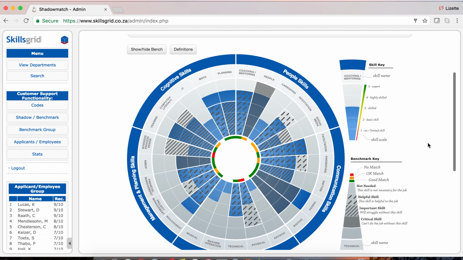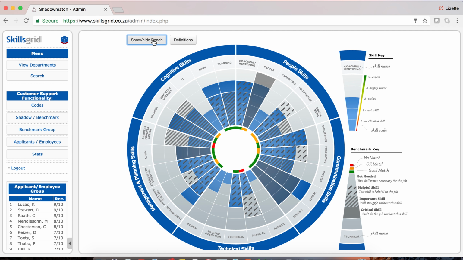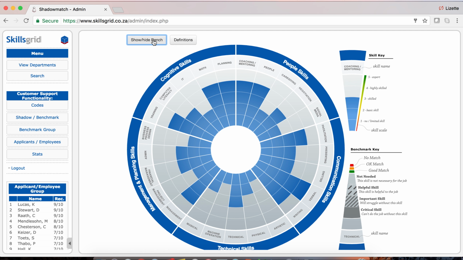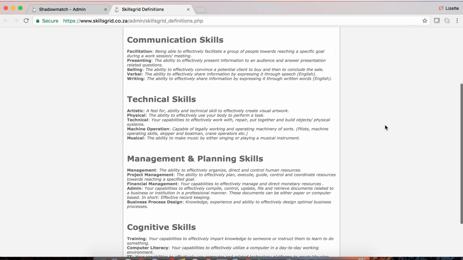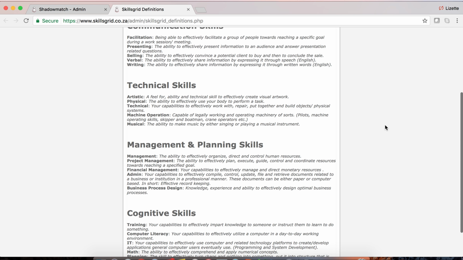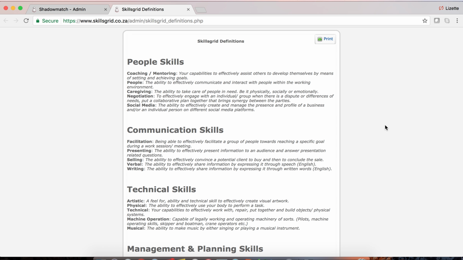I can also decide that I would like to hide the benchmark and only look at Chip's results. While on this page, I can at any point in time refer to the definitions of the various skills. There you are, the definitions of the various skills as categorized into the 5 different groups.